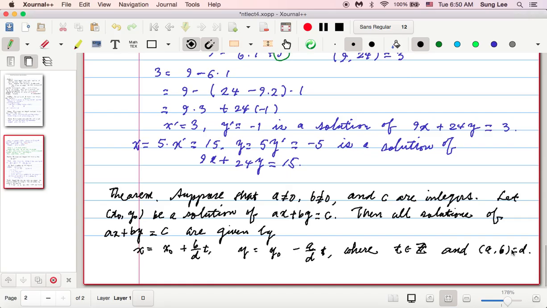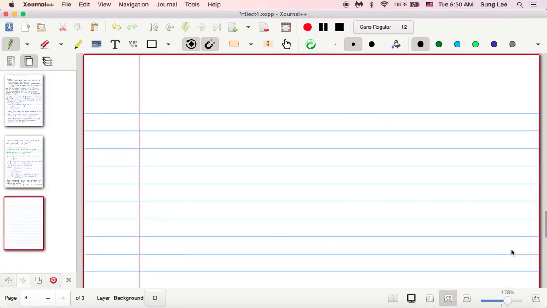I'm going to move to the next page. Proof. We have this equation, ax plus by equals c, and actually the proof is quite easy.